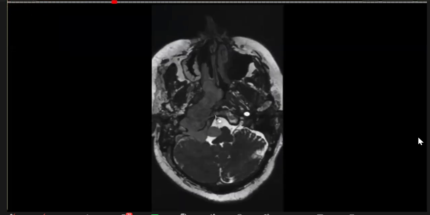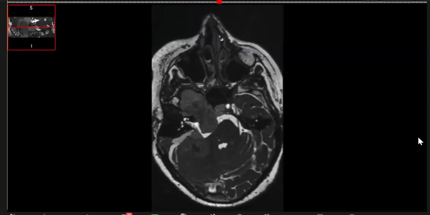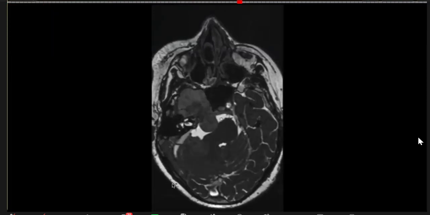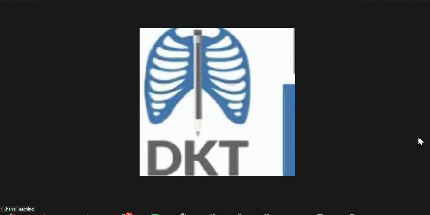So this is a brilliant case to learn so many things. This was actually a nasopharyngeal carcinoma. The epicenter, of course, will be debatable, but nasopharyngeal carcinomas can behave like this, going anteriorly, posteriorly, intracranially.